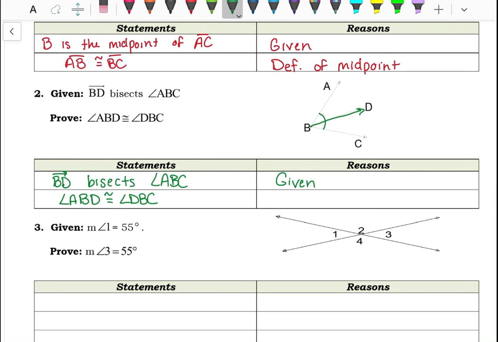A bisector cuts angles in half or cuts lines in half. So just by that being a bisector of that angle, it's cut the angle in half. So my reason is by definition of bisector. It's what a bisector is, it's what it does. So we already know that to be true.